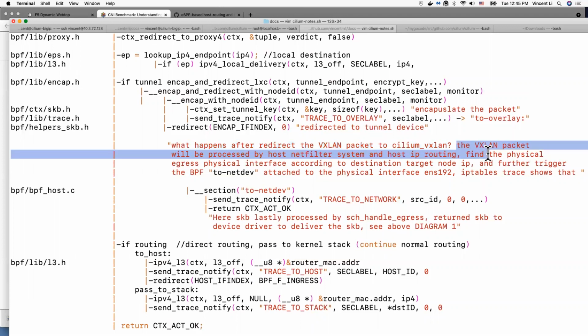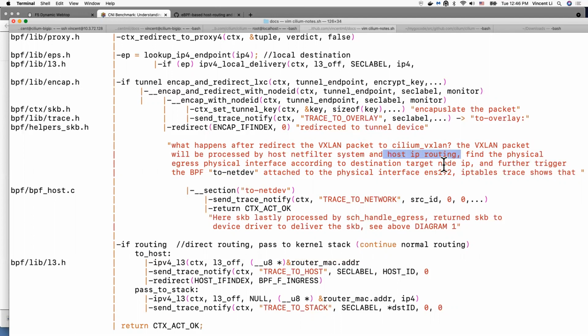The VXLAN packet will be processed by the host netfilter system, by the host stack in the host root namespace and host IP routing.